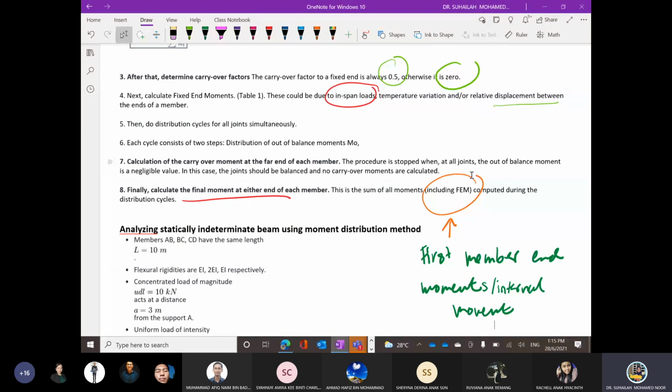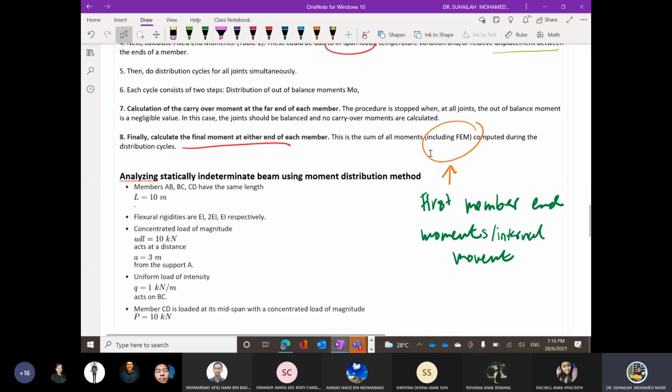Then we start with distribution, followed by carry over, repeat back to distribution, carry over, and we end at distribution. We must end at distribution, and then we must sum all the moments, starting from the first fixed end moment until the last distribution, and then we will get the member end moment for the beam we analyze.